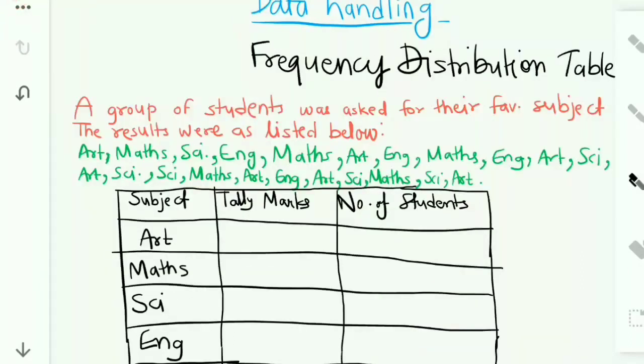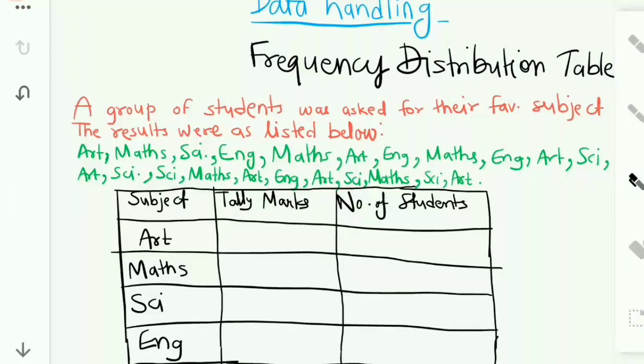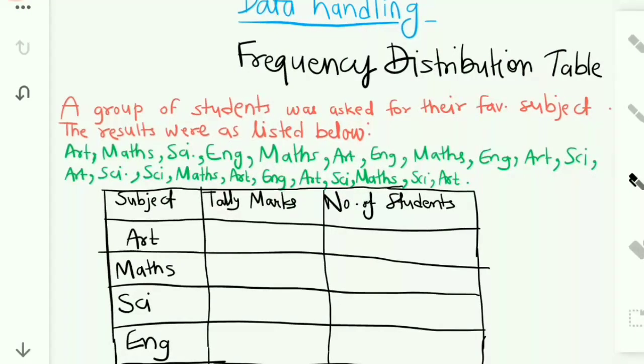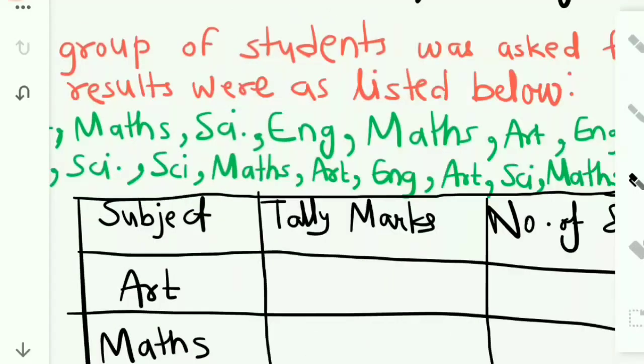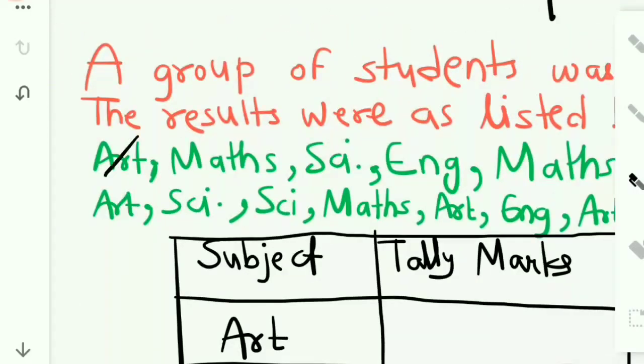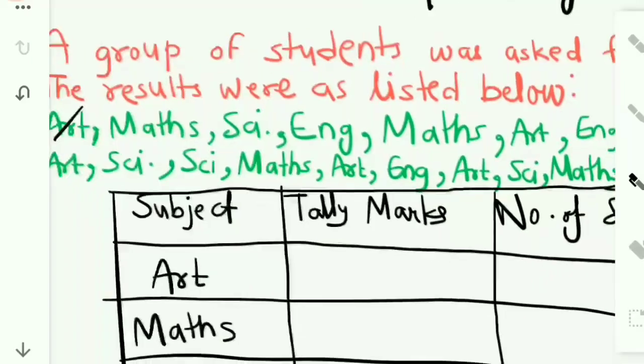Now let's see how to make that kind of table. Here is an example. A group of students was asked for their favorite subject. The results were as listed below in green color. And now we mark. How do we mark? We've encountered art once, so we cut it out from the list and put a line here.